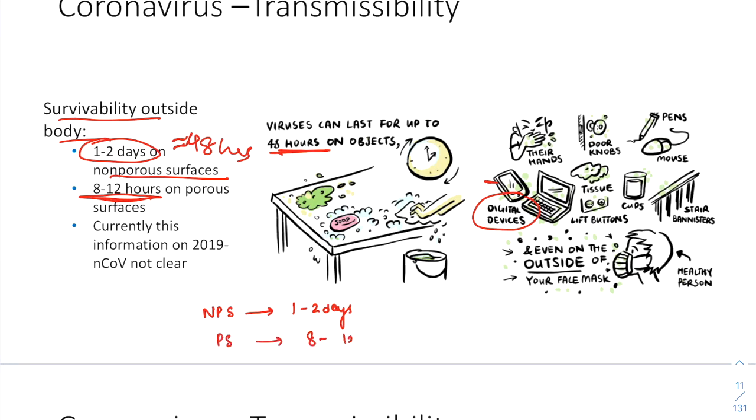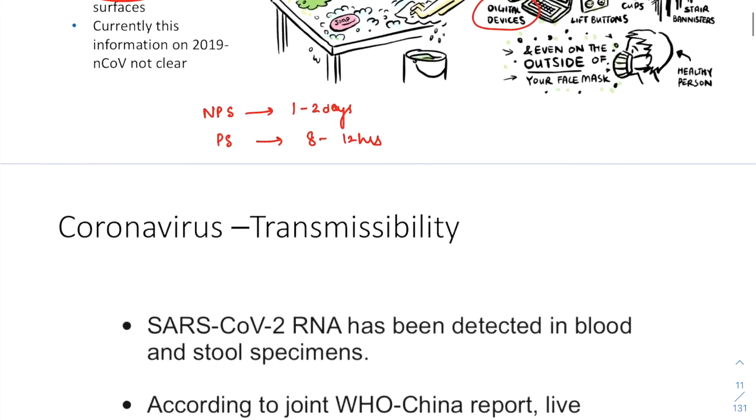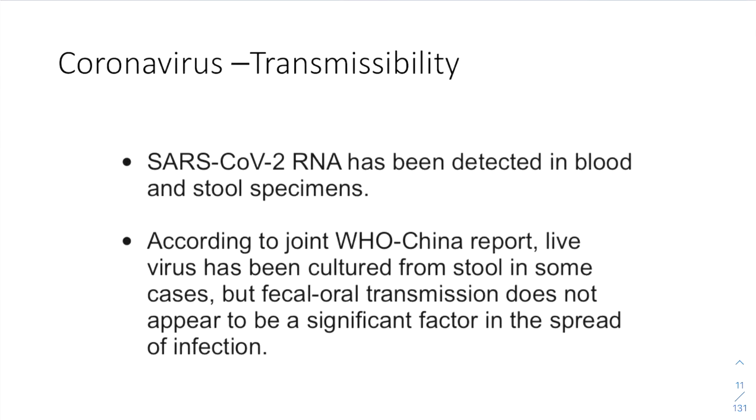You should also note, although the main person to person transmission found till now is through respiratory droplets, SARS coronavirus 2 RNA has been detected in blood and stool specimens also.